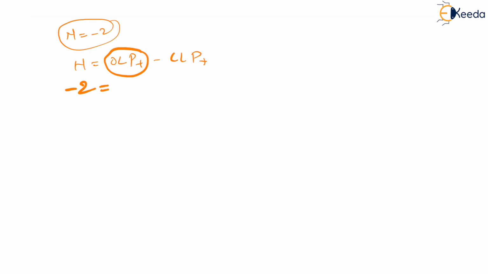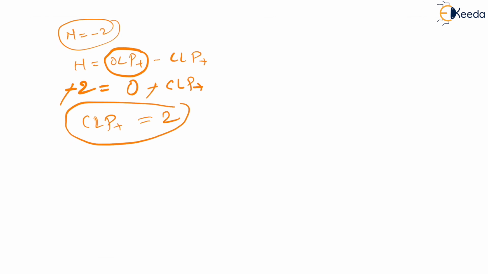So there are no open loop poles at RH, which means this is 0. Minus CLP plus, which is equal to 2. This minus minus gets cancelled, right? So there are two closed loop poles on the right half of the S plane, which means the system is unstable. I hope you are understanding this point.